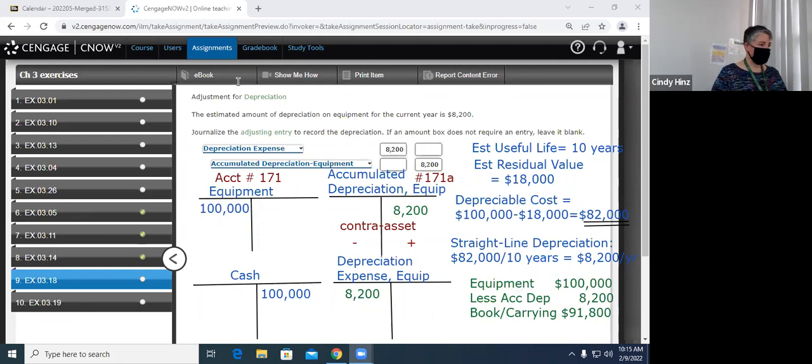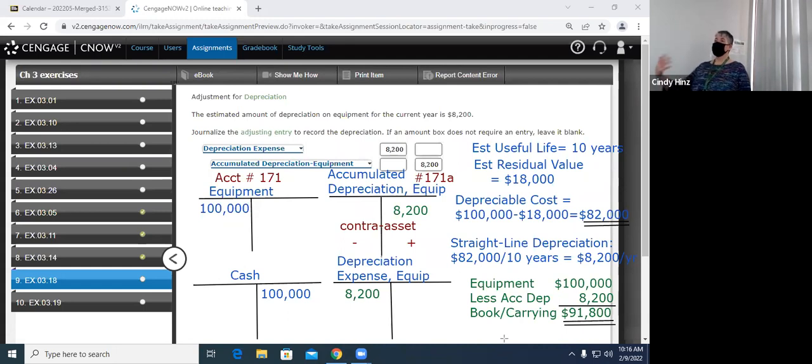Let me put some lines in here. And so this is what we would see on our financial statements. We can see the original or historical cost. That's how much we paid for it.